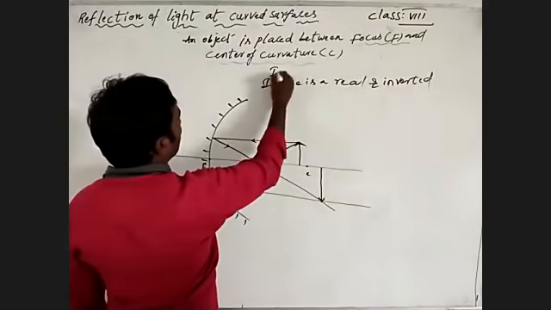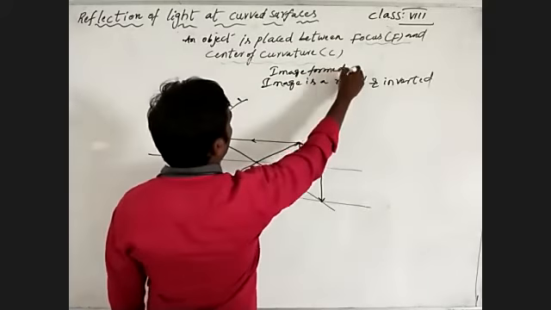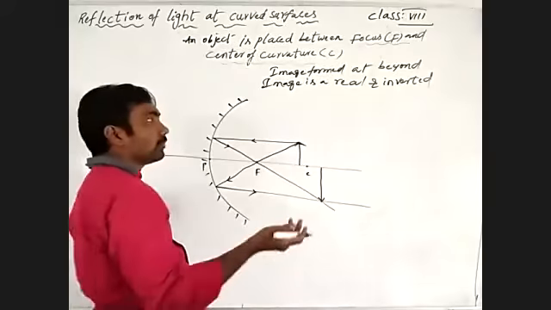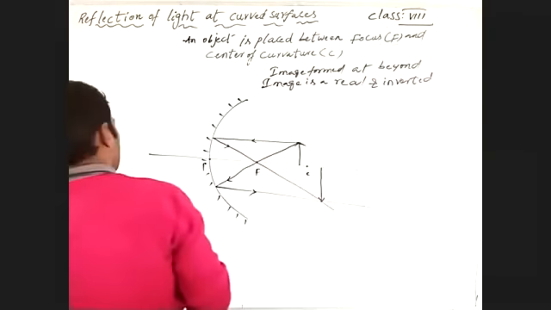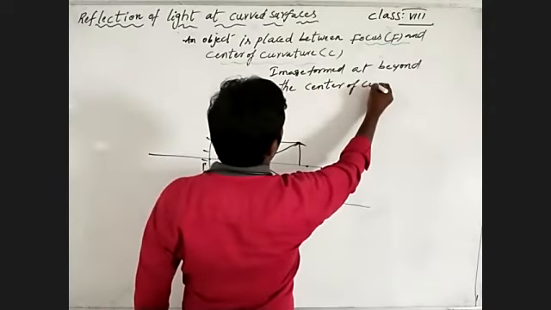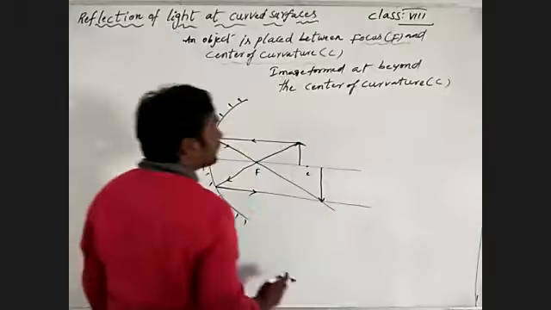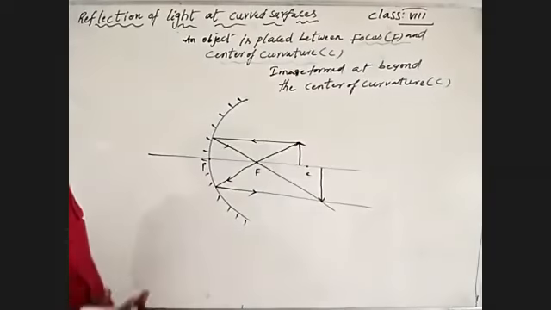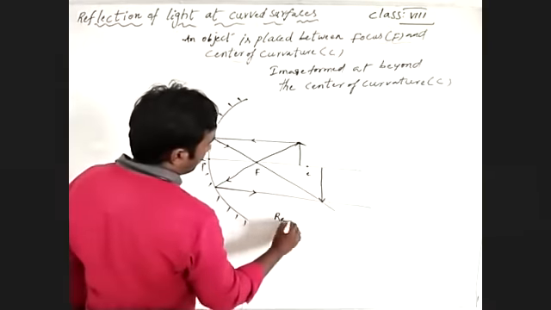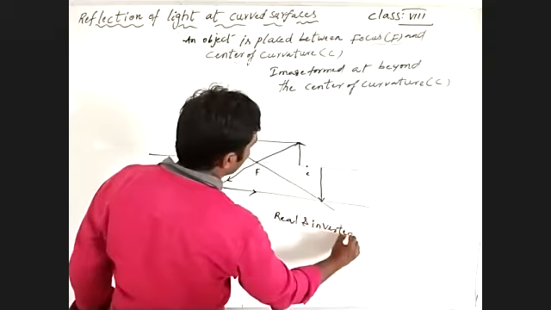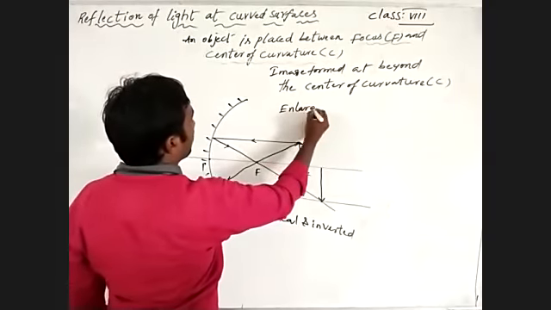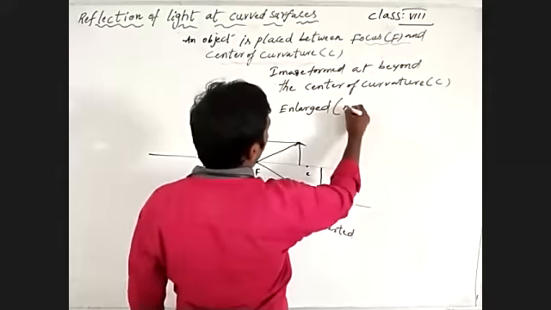The image is formed beyond the center of curvature, which means the backside. So the image is real and inverted, and the character of the image is enlarged, or otherwise magnified.